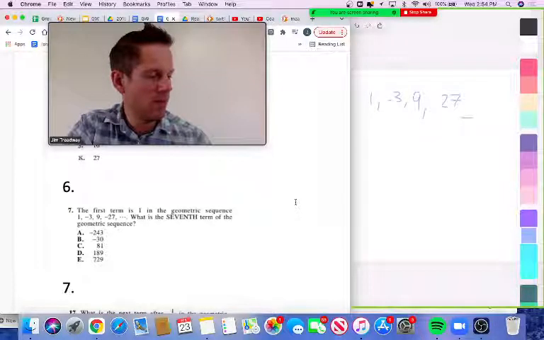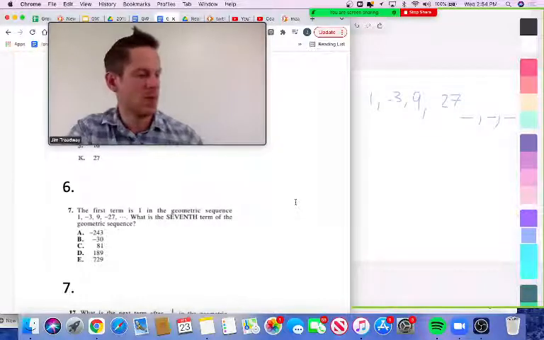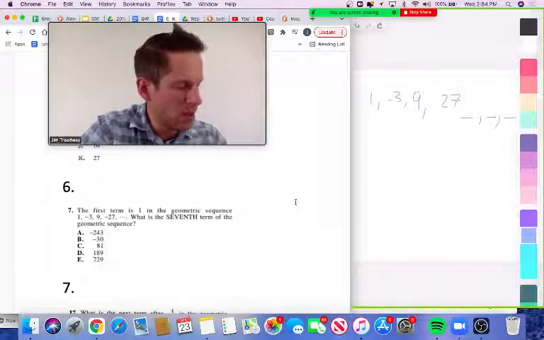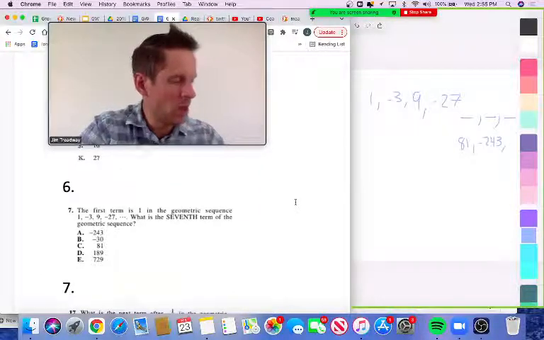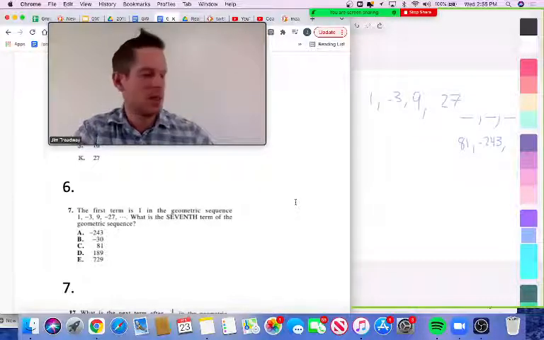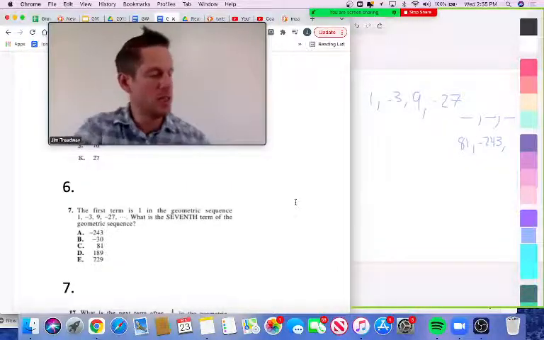So the 5th, 6th. They want to know about the 7th term. We'll just keep multiplying by negative 3. So for the 5th term here, we would have gotten positive 81. Then we got a negative 243 for the 6th term. 7th term is going to be positive 729. Answer choice E.